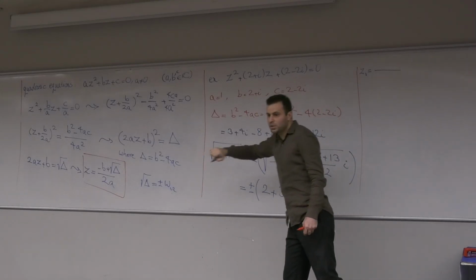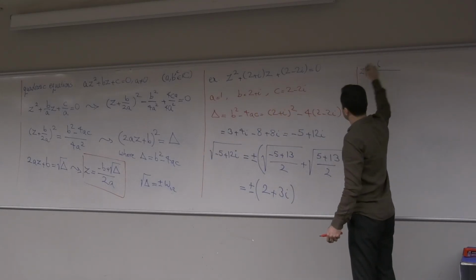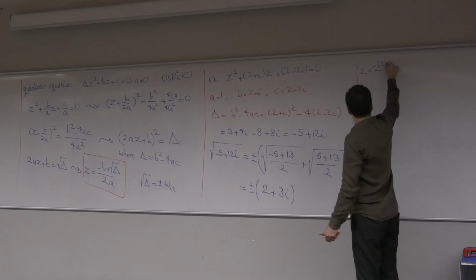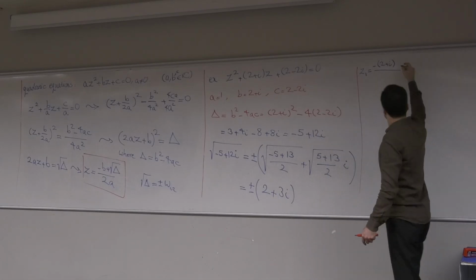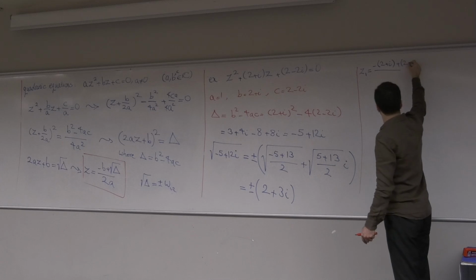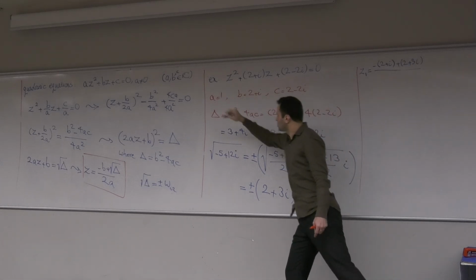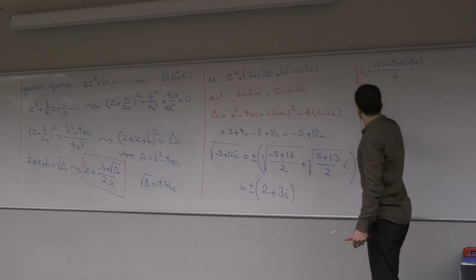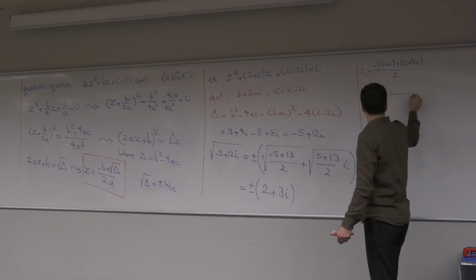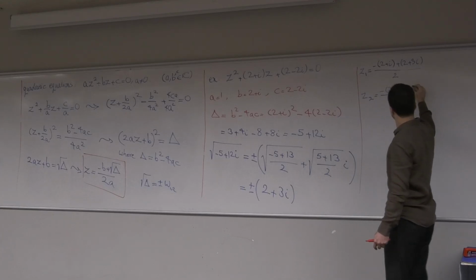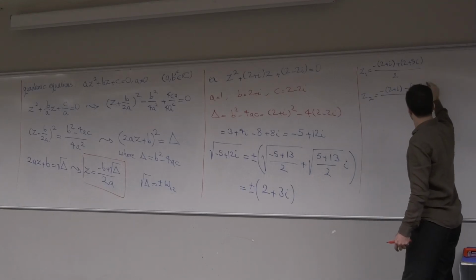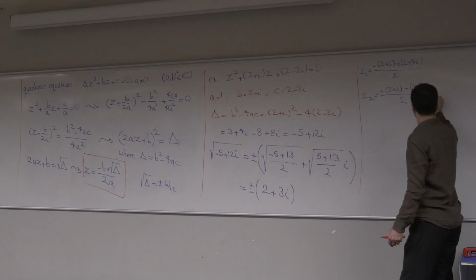It is going to be minus b, which is minus 2 plus I, plus one of these, 2 plus 3i, divided by 2a, which is 2. And our second root is going to be minus 2 plus I minus of 2 plus 3i, divided by 2.